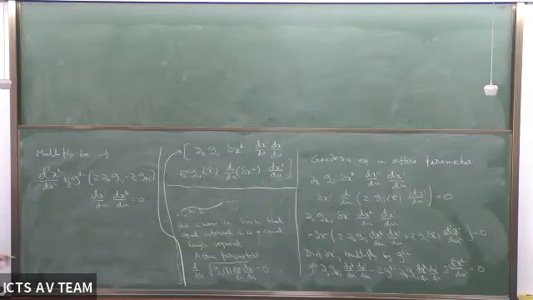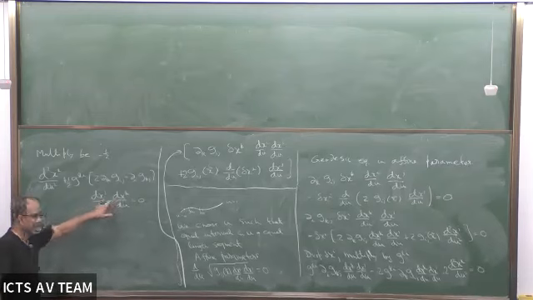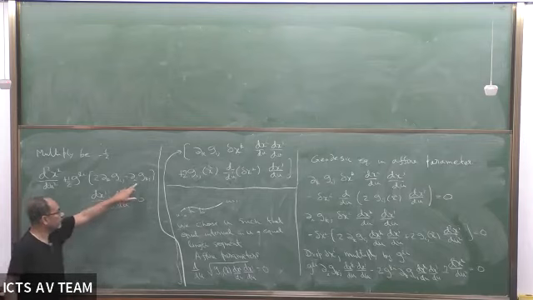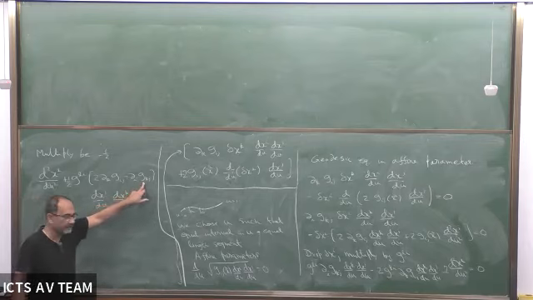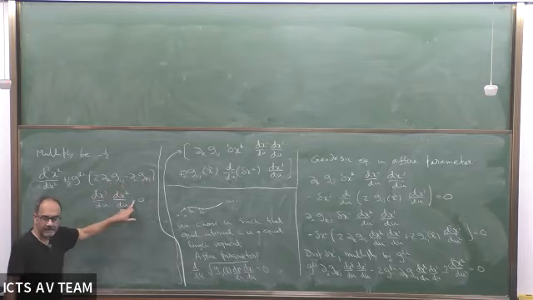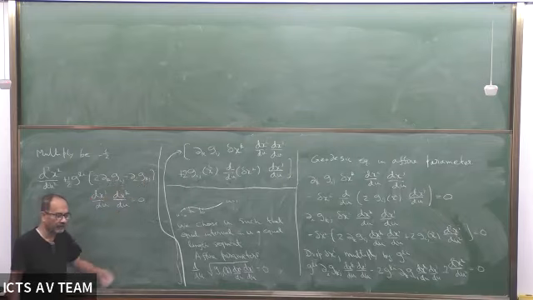Now one more step is needed. You see, this product is symmetric under the exchange of J and K. Right? This is already symmetric under the exchange of J and K. So we can leave it as it is. This one is not manifestly symmetric under the exchange of J and K, but we can manifestly symmetrize because it's multiplied by something that is manifestly symmetric under exchange of J and K. Okay, the antisymmetric part will drop out anyway.